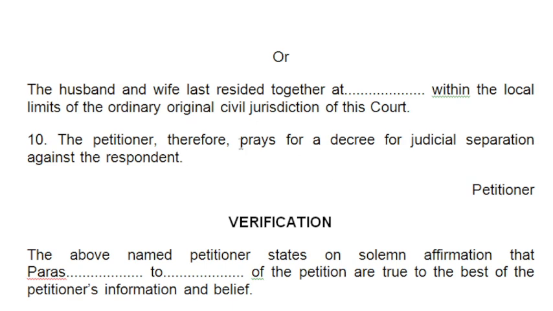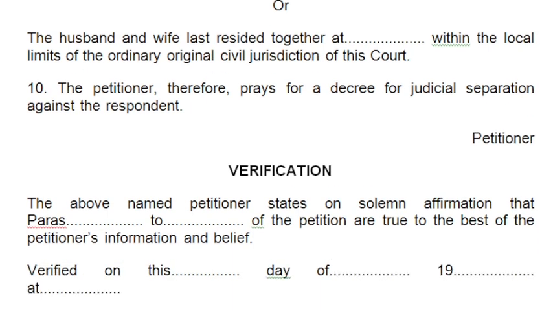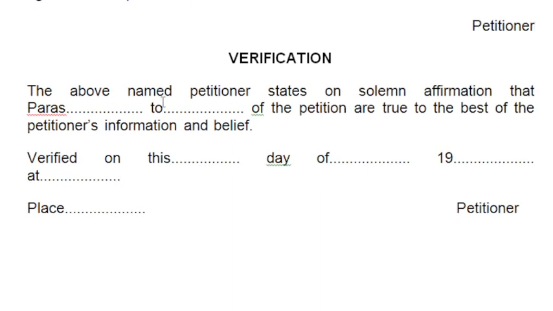Then you have to mention your prayer. What are you praying for? You are praying for a decree for judicial separation against the respondent. After that you have to put the petitioner's signature at the right hand side, then the verification. Under verification you have to mention that the paragraphs are true to your own knowledge and belief.